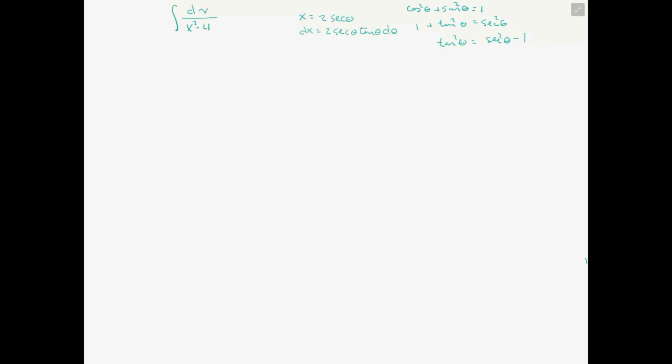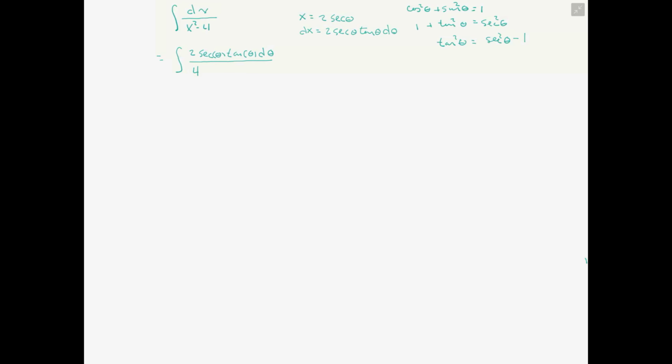And that's sort of the form we have right now. So we say that x equals 2 secant theta, and dx equals 2 secant theta tan theta d theta.